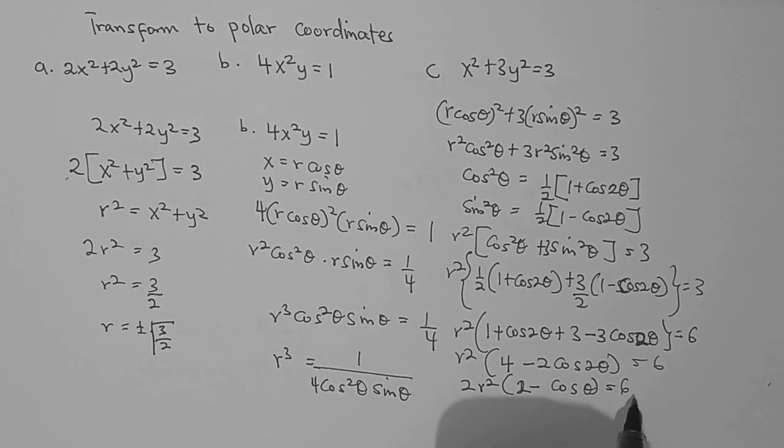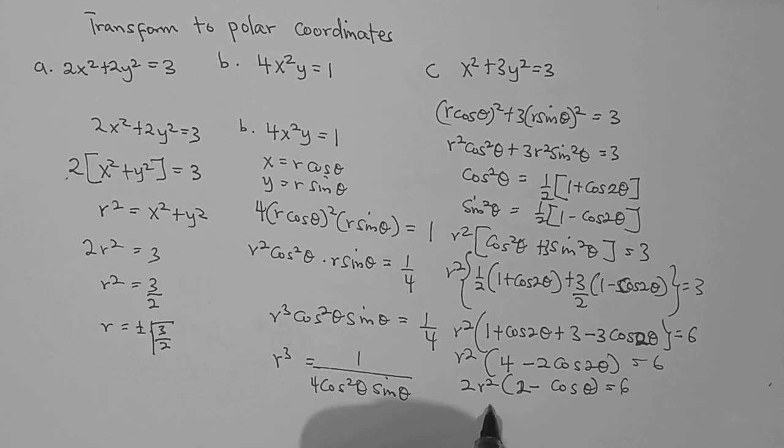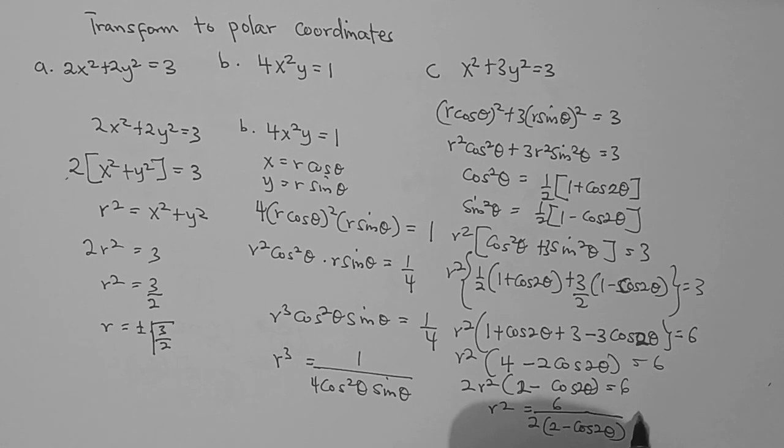If we divide through by 2, here becomes 3, and therefore r squared is equal to 6 divided by 2 into bracket 2 minus cos 2 theta, and this is equal to 3 divided by 2 minus cos 2 theta.